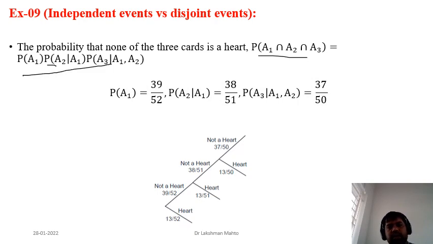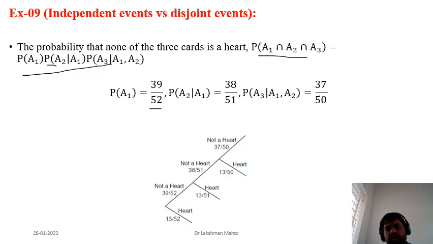How many hearts are there in a deck of 52 cards? 13. So if you remove 13, how many cards will you have? 39. So the probability that the first card is not a heart in the stack of 52 would be 39 by 52.